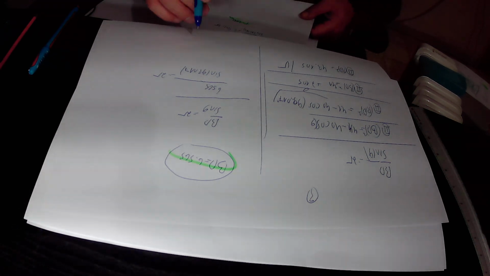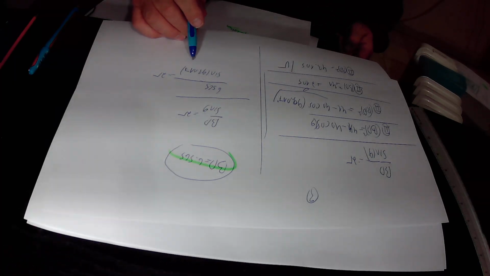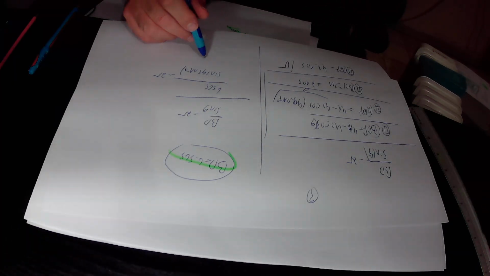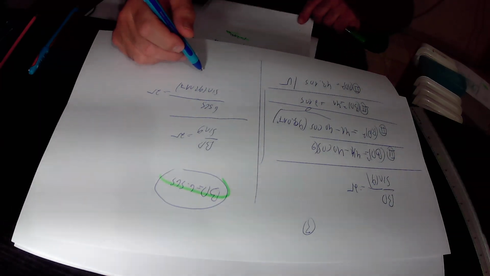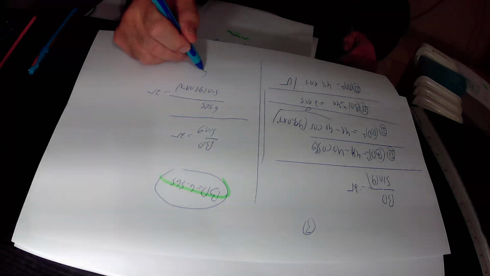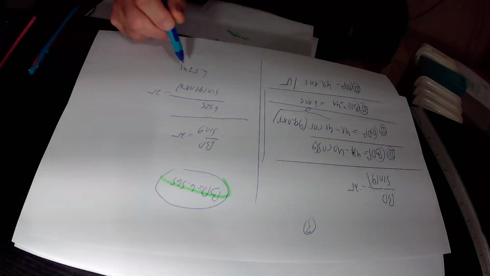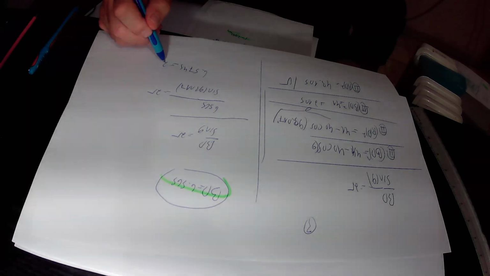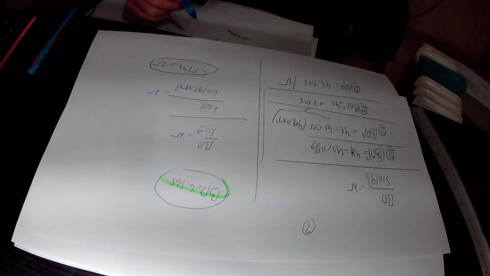So 6.565 over sin 93.017 equals 6.5745, which equals 2R.